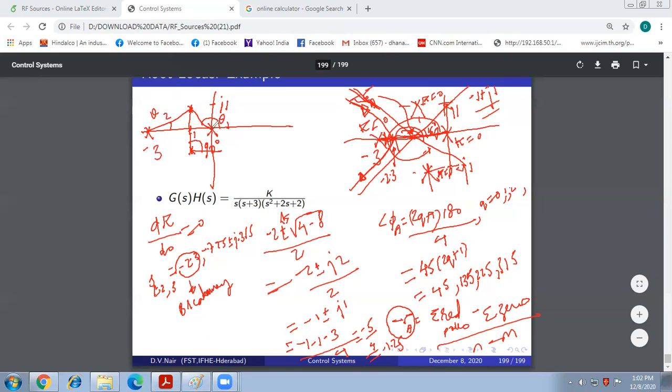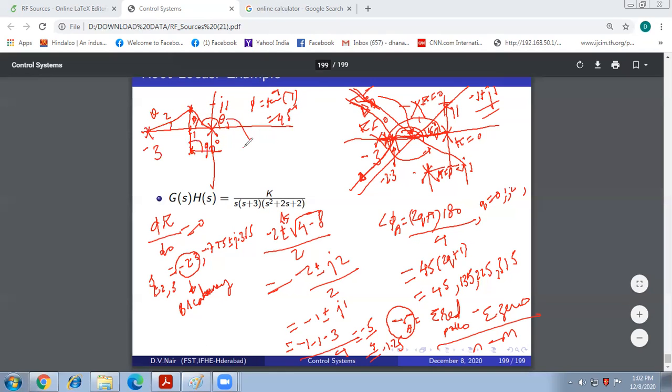So what will be theta 1? Now we don't have graph paper before us, but we know this length. So what will be this angle? If this angle is, let us say, phi, then phi will be tan inverse of opposite, which is 1, adjacent is 1, tan inverse of 1. That will be 45 degrees. And this angle will be 180 minus 45.